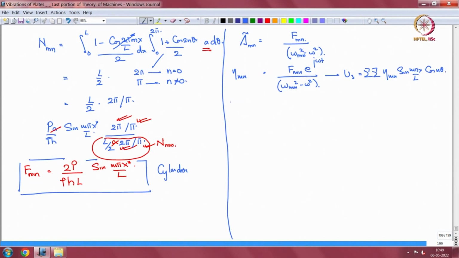So we have u3 of x, theta, t given by 2P by rho h L sine m pi x star by L, that is my Fmn, into e to the power j omega t by omega mn square minus omega square, into sine m pi x by L cos n theta, double sum over m from 1, n from 0.